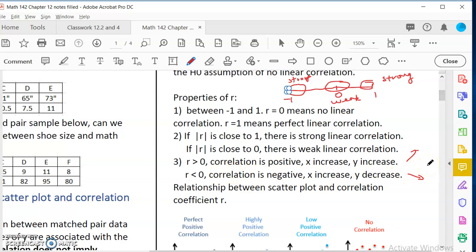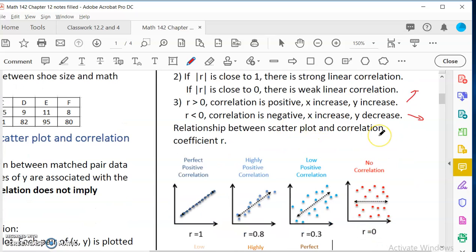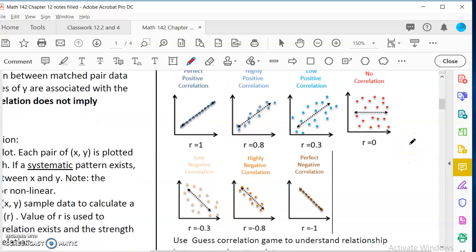Okay, so R and the scatter plot are strongly related. The second thing we want to emphasize, for us to better understand the value of R in relation to correlation, is to look at what R value our graph has.